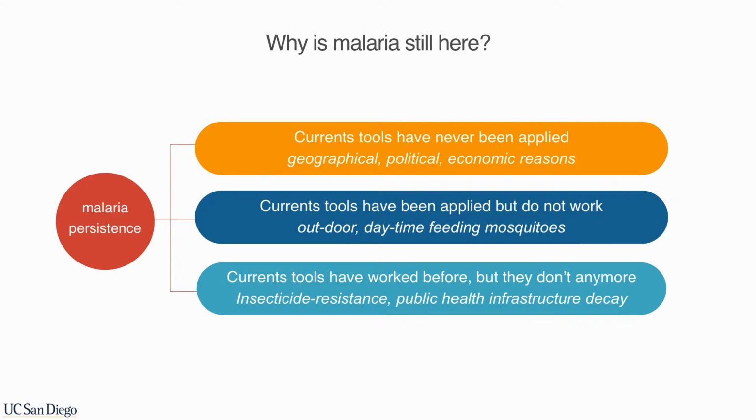Also, if you take bed nets and indoor residual spraying as an example, they can work for a while, but then mosquitoes evolve annoying characteristics, like instead of biting people while they're sleeping, they start biting them during the day outside, and so then those tools are rendered completely useless for those kinds of things. And then, of course, a huge problem is insecticide resistance. I mean, there's certain strains of mosquitoes that are resistant to 4 different kinds of insecticides, and so that's a really big problem.